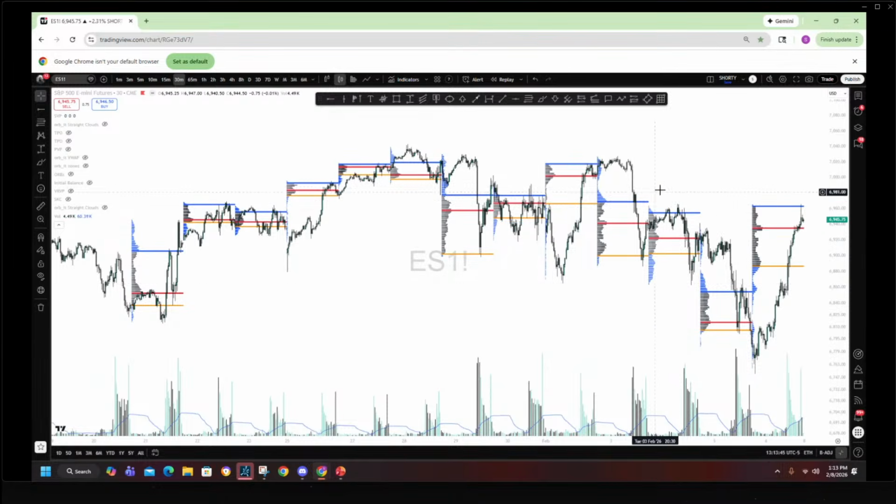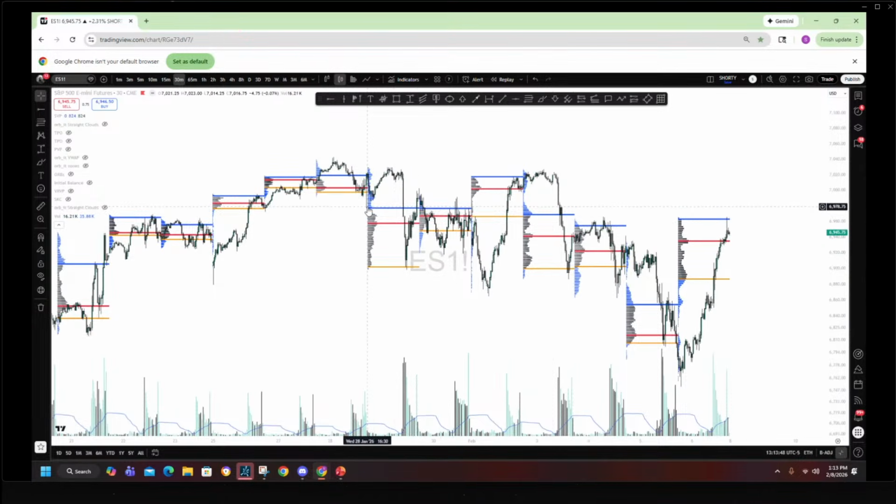Tomorrow, if you just pay attention from here to here, how many value area highs and extremes do you have? Let's say between this one and here, would this be a decent zone for them to crack above? Yeah, it looks like it. Should be beautiful, right?